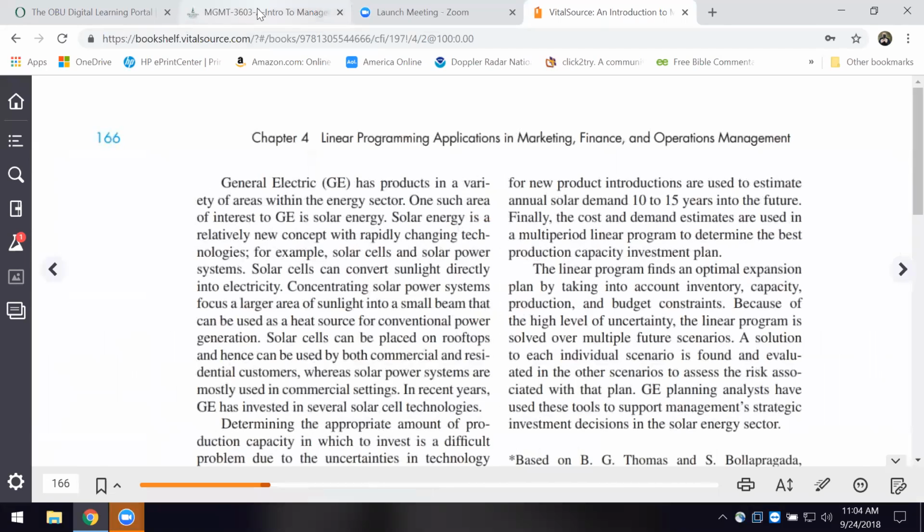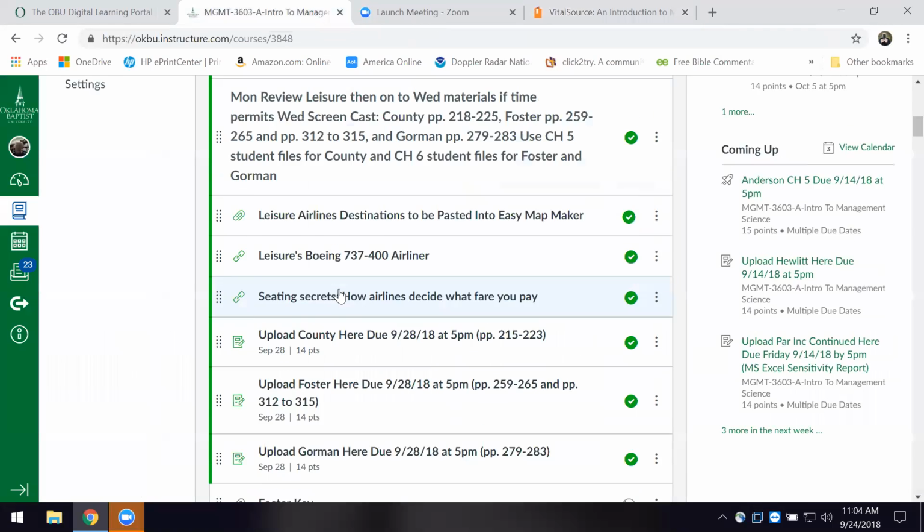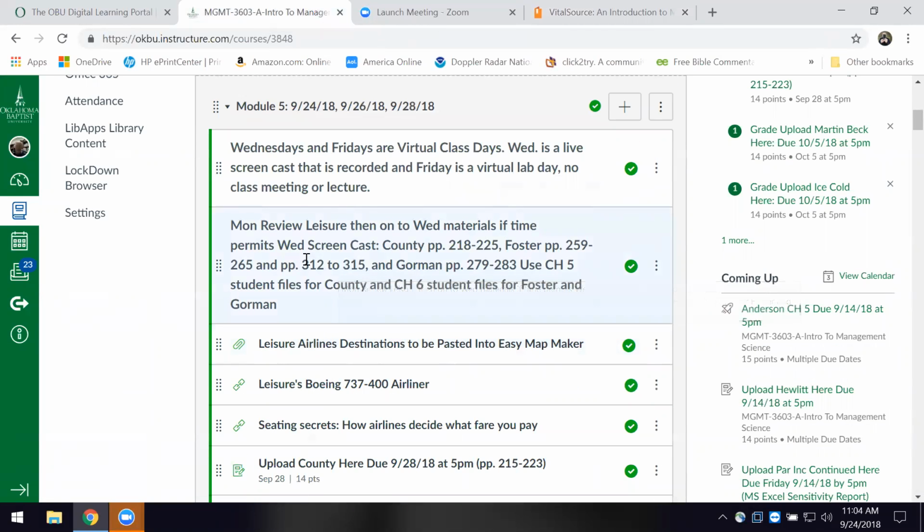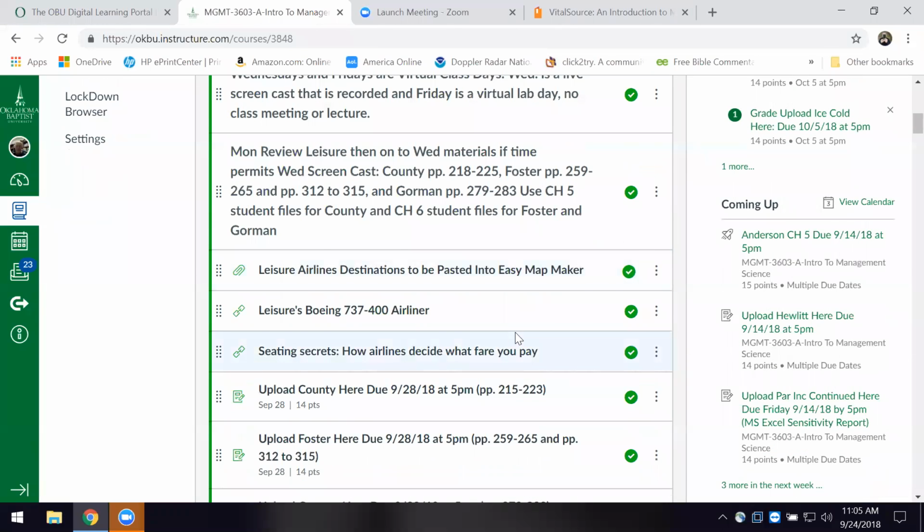Now, this week the cases that we're going to look at: County, which I mentioned, deals with data envelopment analysis. We've got the Foster case. The pages are all enumerated there. I want to do a follow-up as far as the Leisure case and what we were dealing with there.